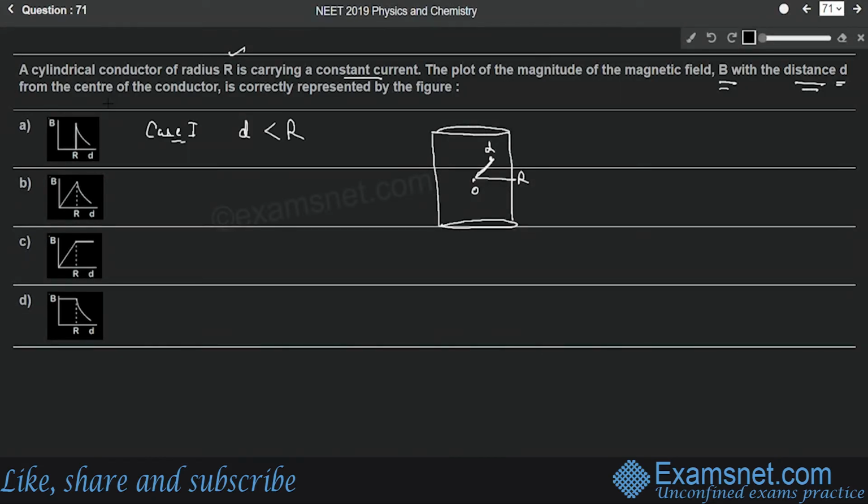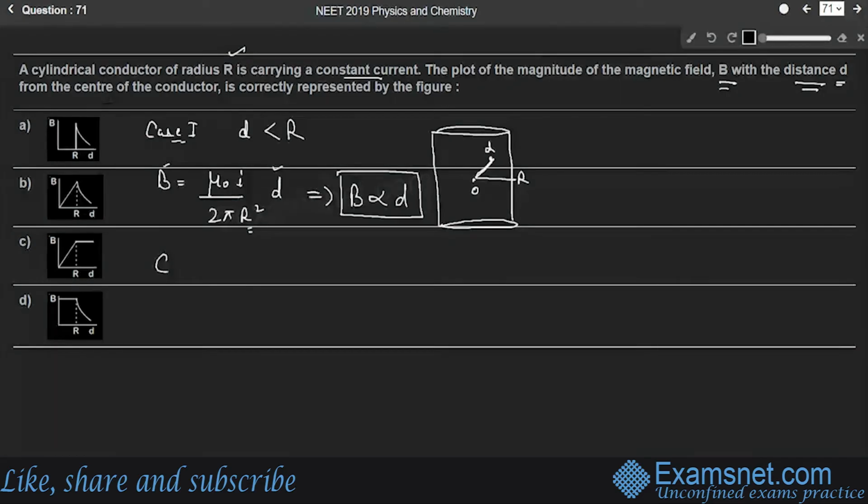Okay, so in this case the magnitude of magnetic field will be equal to mu naught I by 2 pi r square d. Okay, I is the current, mu naught by 2 pi is the constant, and r is the radius. Okay, so we have to find out the relation between magnetic field and this distance only to find the plot. So we can see that B is directly proportional to the distance d. Okay, so this is the first case.